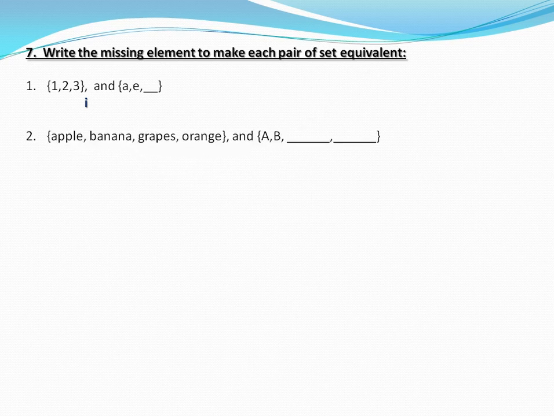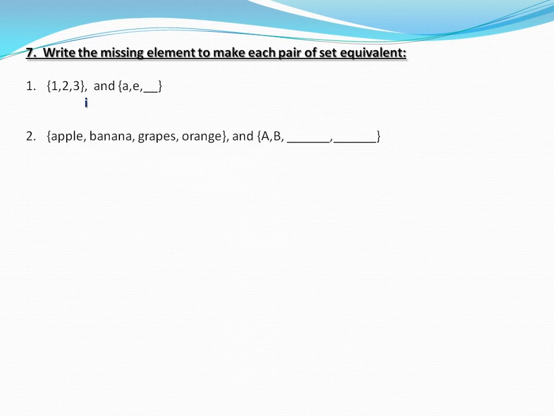Now we have the last question, number 7. Write the missing elements to make each pair of sets equivalent. 1, 2, 3 and A, E. You can write any alphabet to make it equivalent, so I'm writing I. You can write B, C, D, any alphabet.